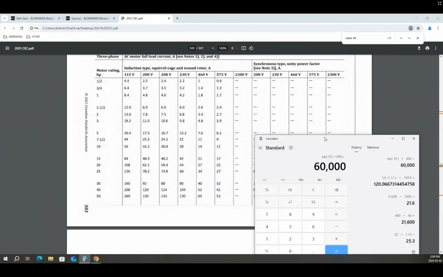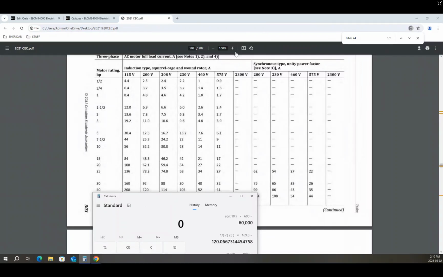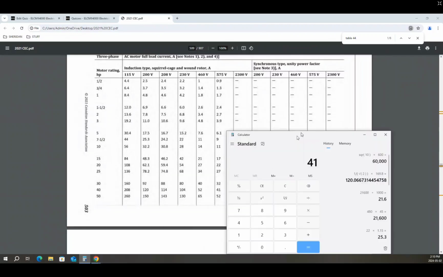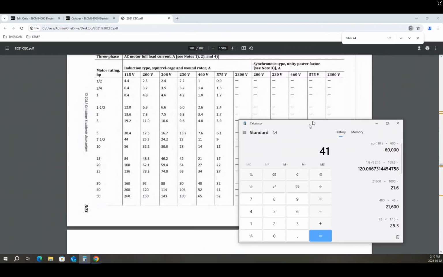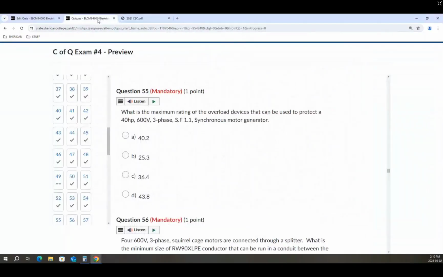So then I'm going to go 40, so it's going to be 41 times 1.15, 47.5. The maximum rating of the overload devices that can be used to protect.